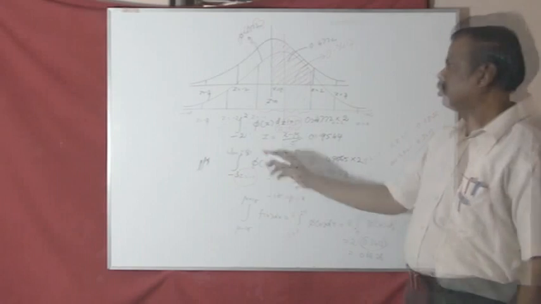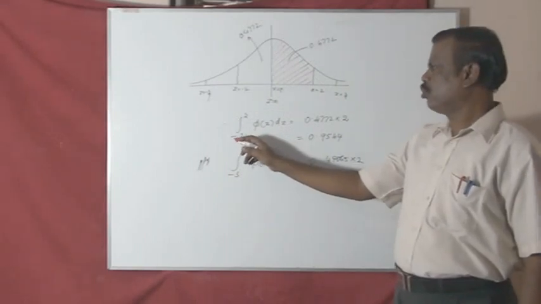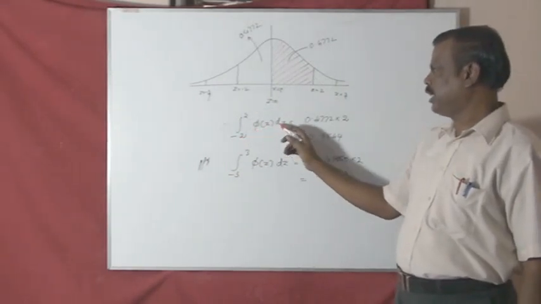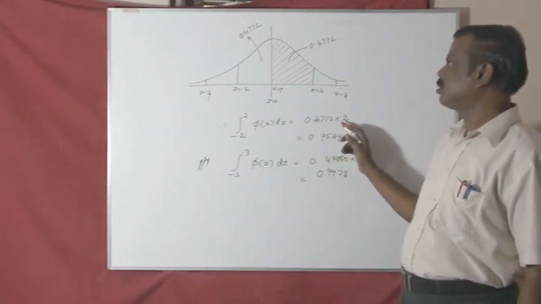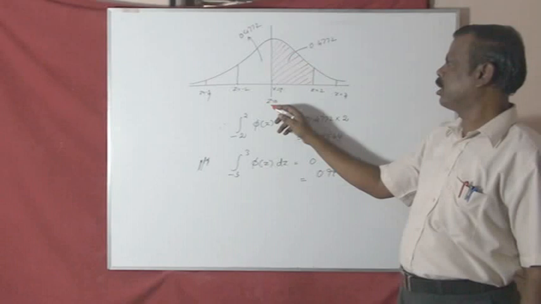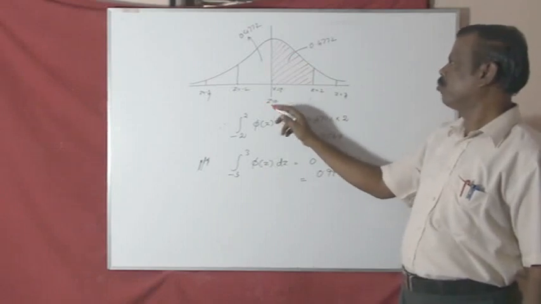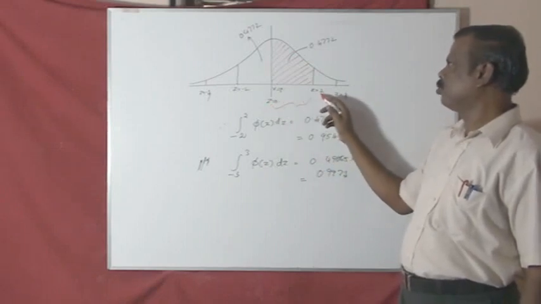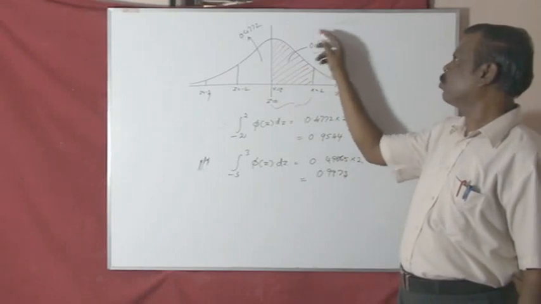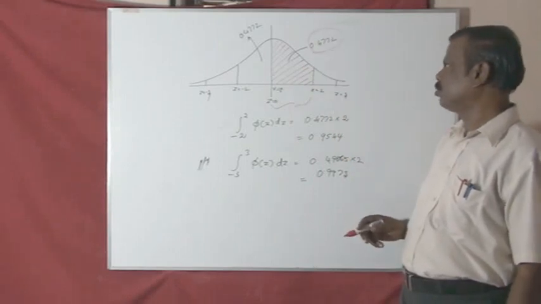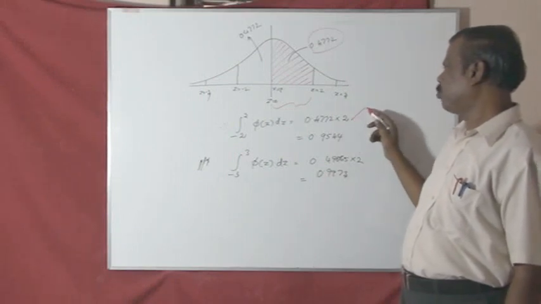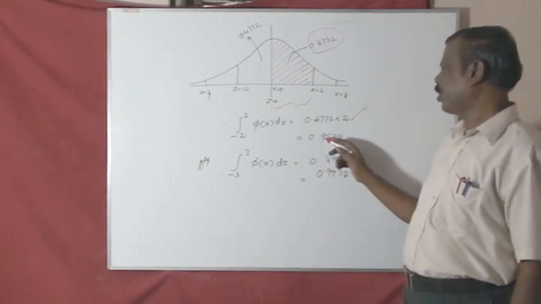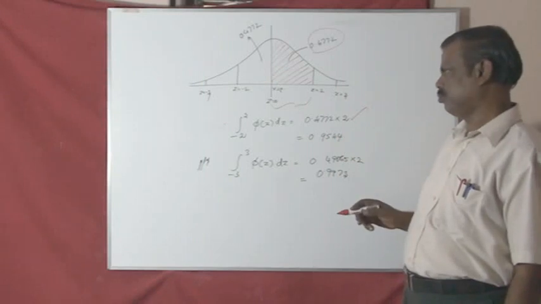When z is from minus 2 to plus 2, the integral of phi z dz is 0.4772 into twice. From the normal distribution curve, from z equal to 0 to z equal to 2, the value is 0.4772. The left side value is also the same, therefore we multiply with 2 and we get 0.9544.